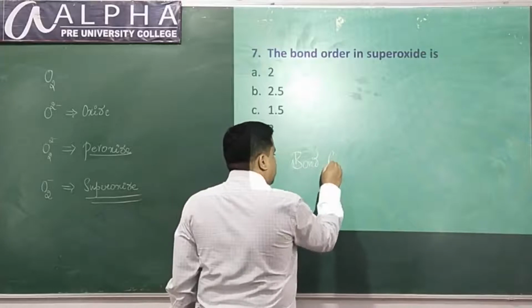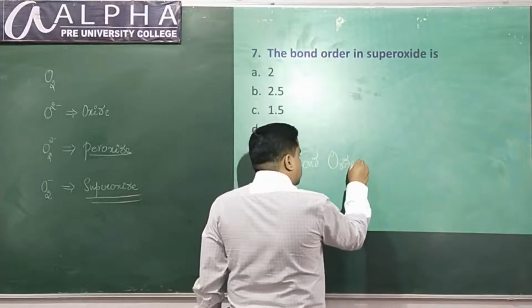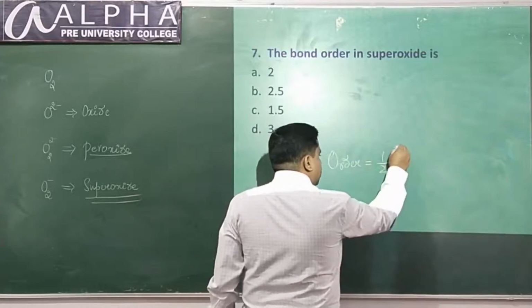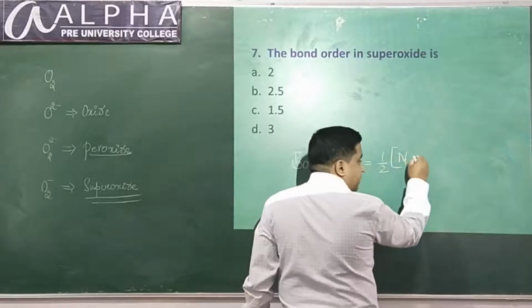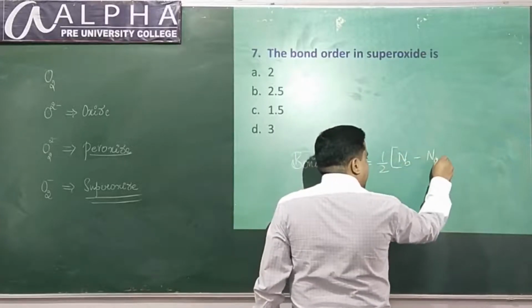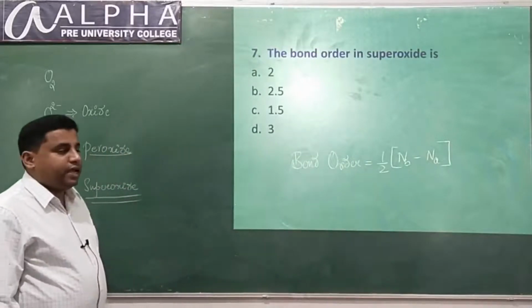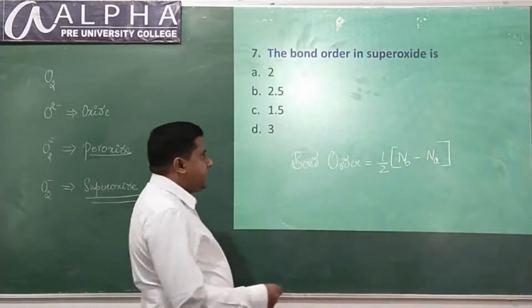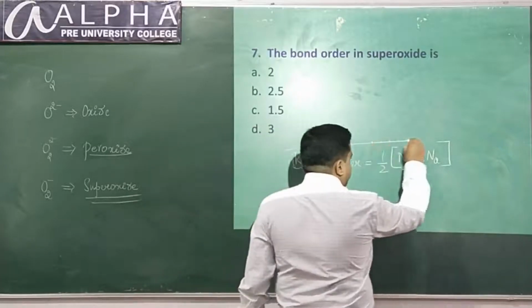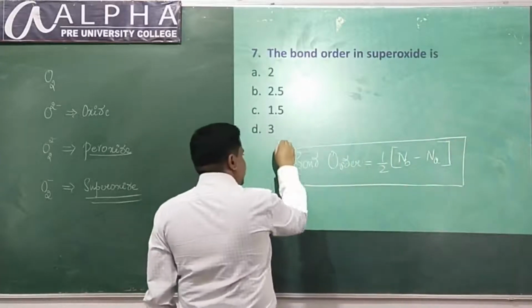Please remember the formula for bond order. It is half of the number of bonding electrons minus the number of anti-bonding electrons: half of Nb minus Na.